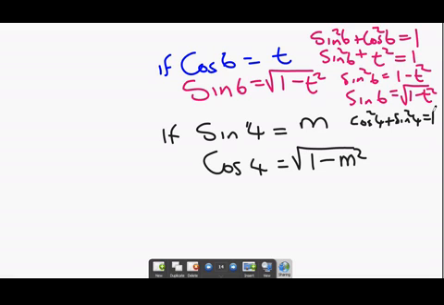Now this question normally has a lot of other follow-on questions, but let's look at those follow-on questions, and maybe you can understand where we are coming from. So if they say cos 8 is equal to p, find a, tan 8. That's nice.